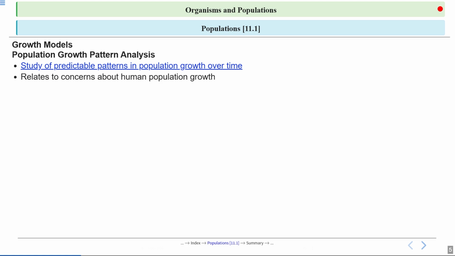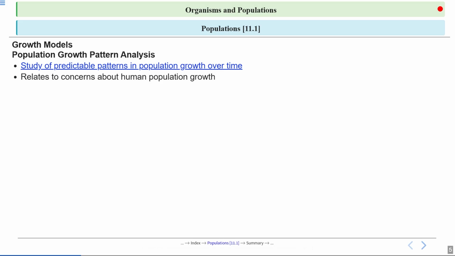The next one relates to concerns about human population growth. As we study these patterns, we can address concerns about our own population impact on resources and the environment. Population affects resources as well as the environment.